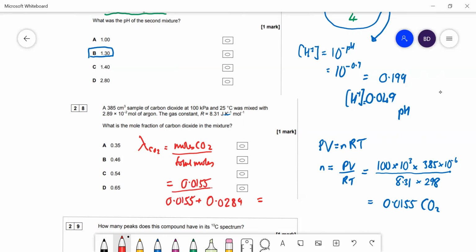So let's do that. 0.35. That's the answer. So ideal gas equation really, and of course plenty of possibility for making mistakes with the units.